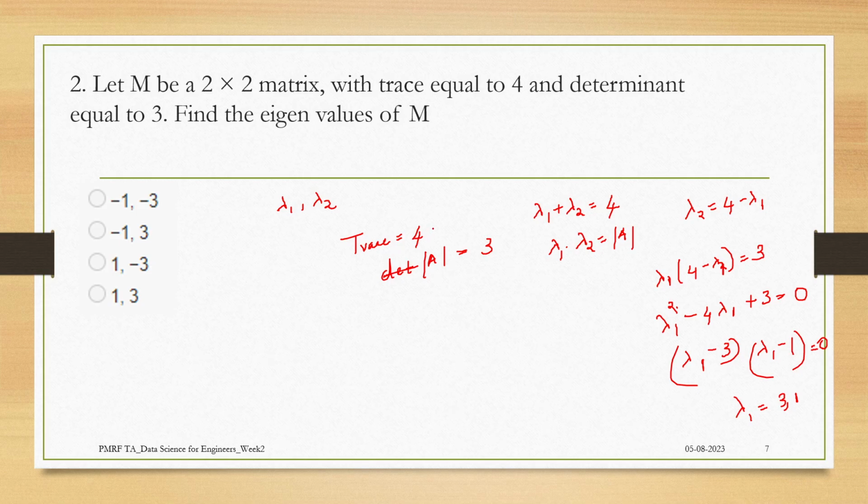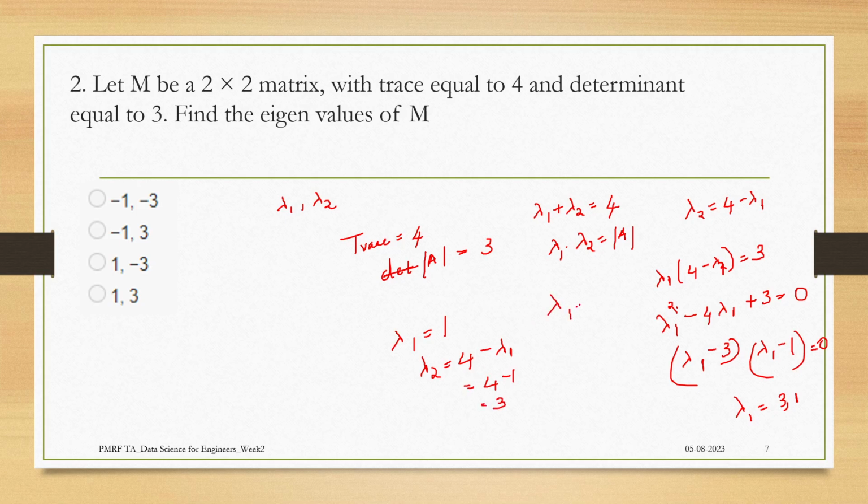If I take lambda 1 as 1, then lambda 2 will be 4 minus lambda 1, that means 4 minus 1, which is 3.